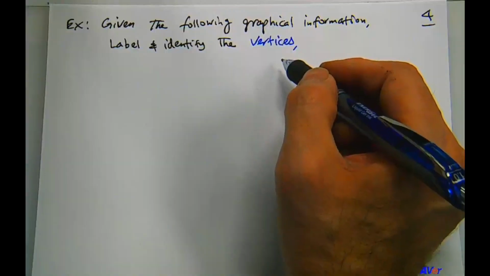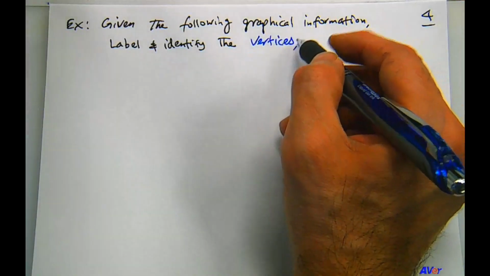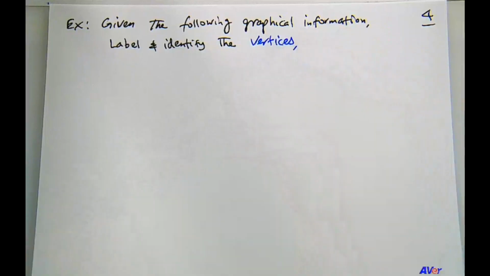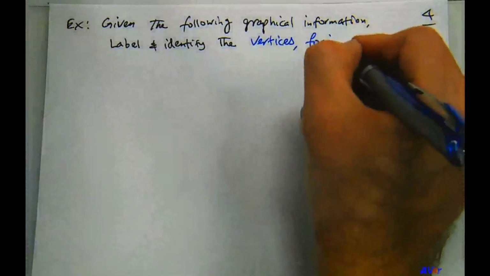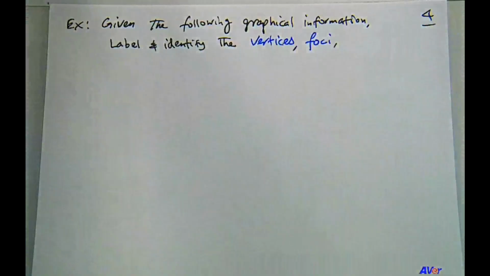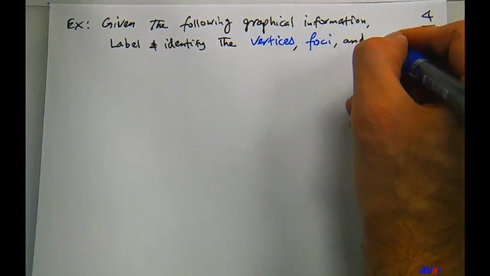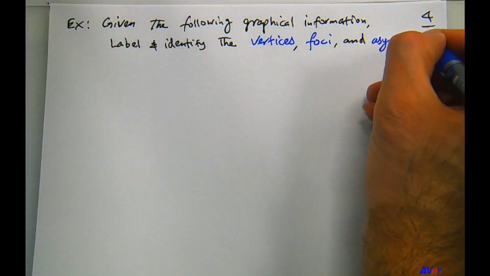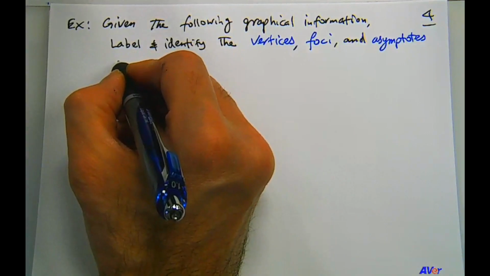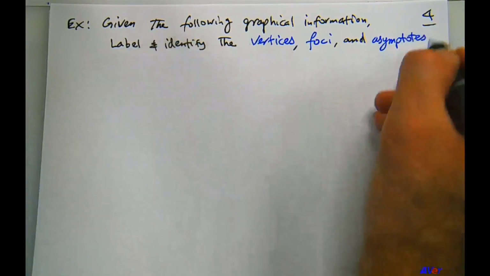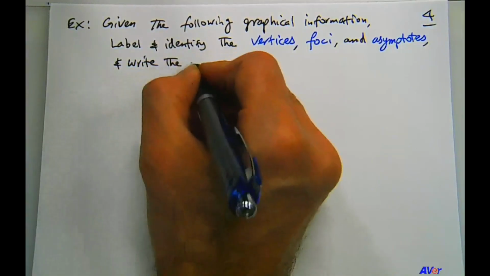Remember, a hyperbola has only 2 vertices, not 4 like the ellipse. So vertices and foci, or the focus points, and asymptotes, and write the equation for it.